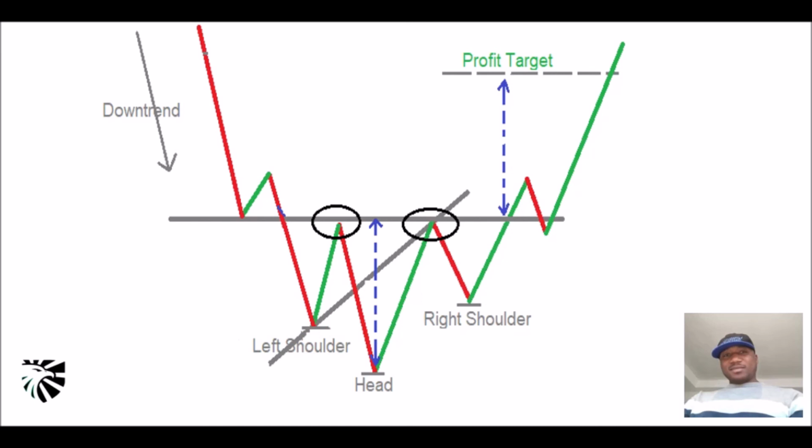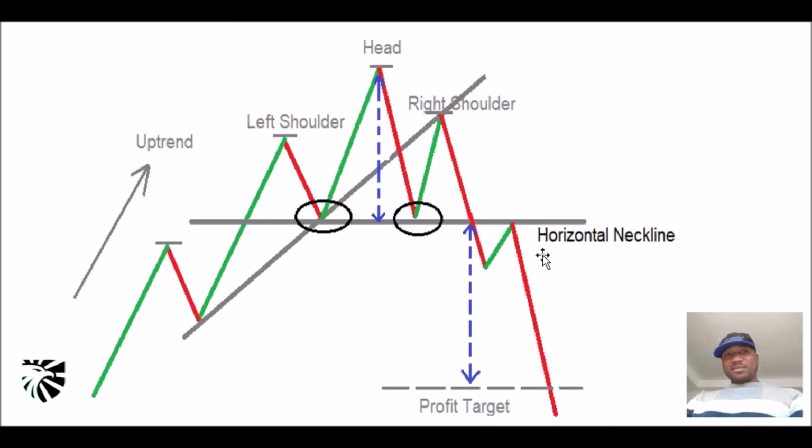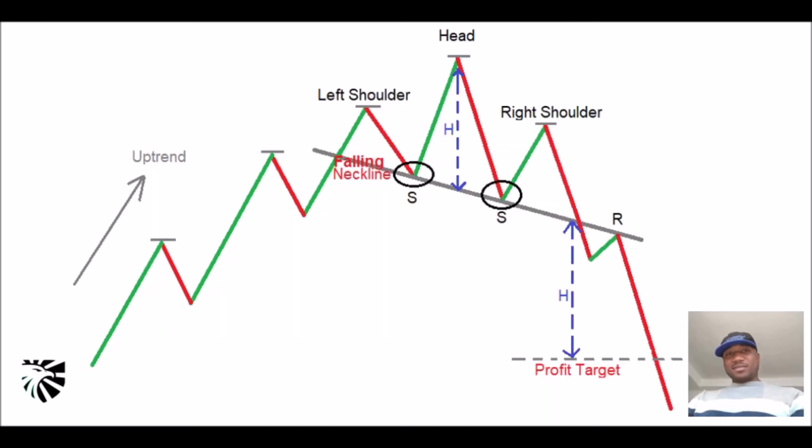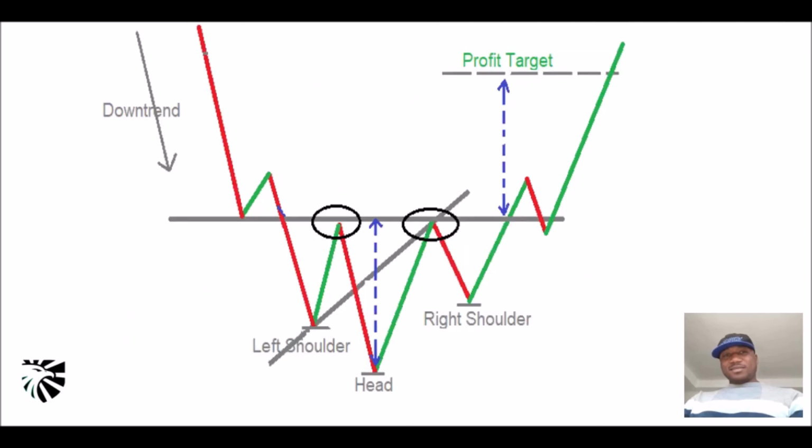So having an inverse head and shoulder, the way to place your stop and take profit level is just the same thing as the head and shoulder. We talked about that on the head and shoulder horizontal neckline and the head and shoulder falling neckline, and it's the same thing we are talking about right now on the inverse head and shoulder.